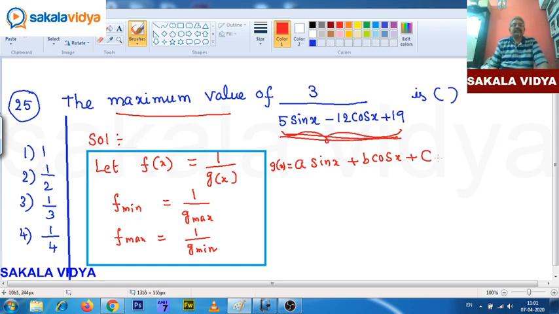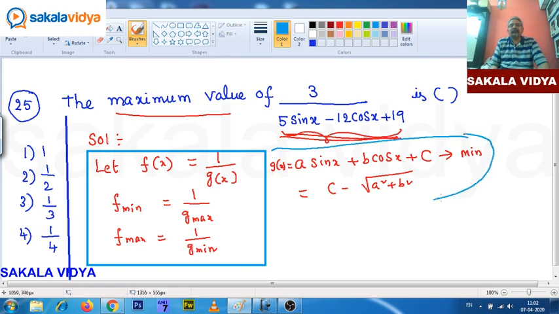In this case, to get the maximum of f, we need to find this minimum value. The minimum value is given by c minus root of a square plus b square. So, this we need to remember here.